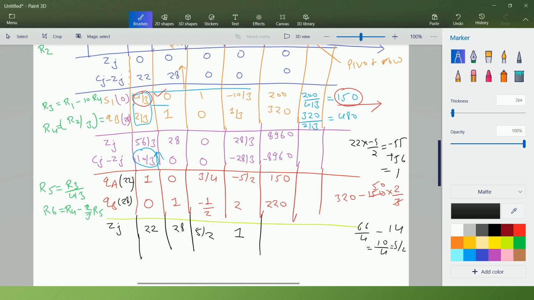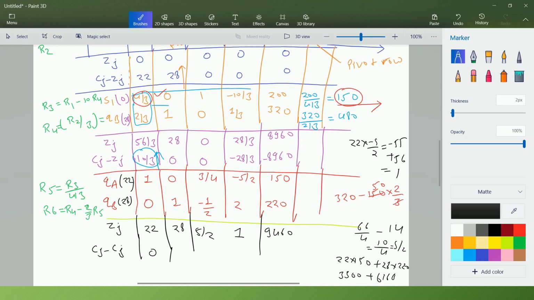And here I will get 22 multiplied by 150 plus 28 multiplied by 220, 9460. So Cj minus Zj. Cj is 22, so here I will get 0.